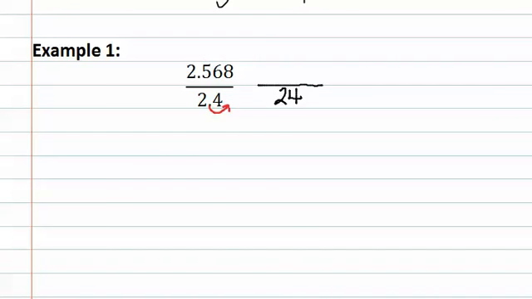On the top, we do not move the decimal all the way to the end, but we move it the same number of places we moved it in the denominator. This means we also move it one place value. This makes the new numerator 25.68.